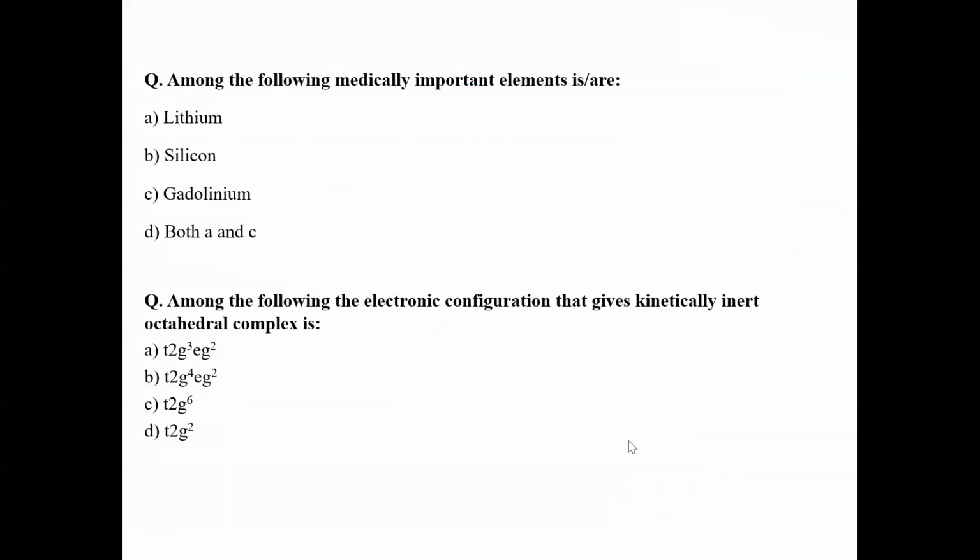Here are the electronic configurations: the first is d5, d6, the third is also d6, and d2. Basically d2 is labile, so you can easily filter out the last option. And what about the other two?